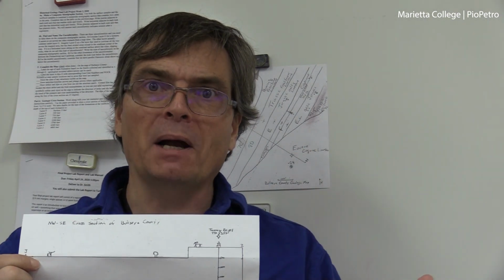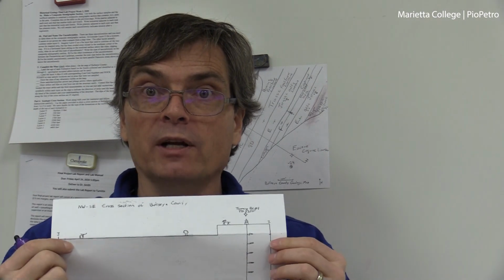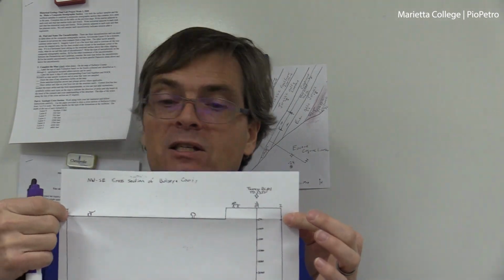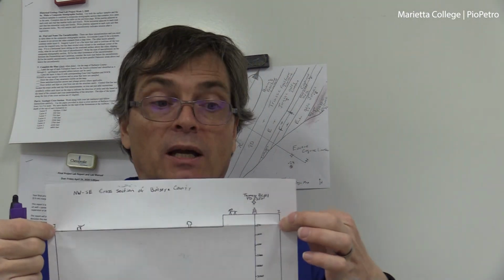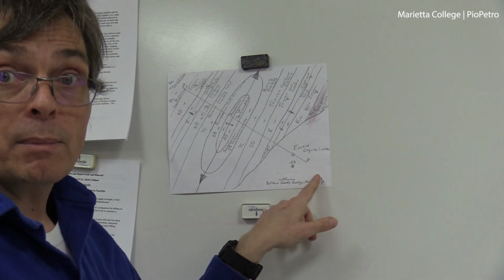So bear that in mind as we're going, and we'll be very forgiving when it comes to that when you're trying to hand in your final project. But keep in mind that this length, Z to J, might not fit exactly on the line on your map.